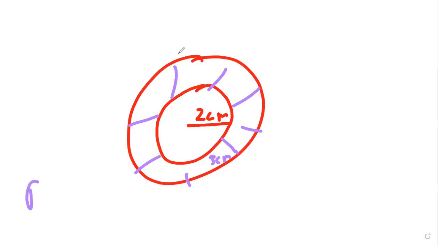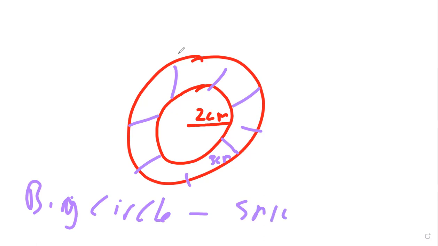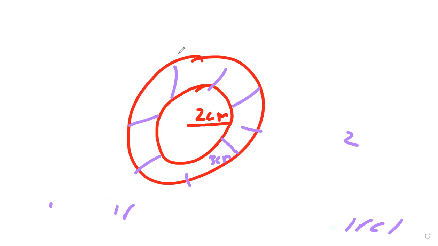The formula is the area of the big circle minus the area of the small circle. Both will have the same formula, pi r squared. So let's get straight into this. We need to find the radius of both circles.